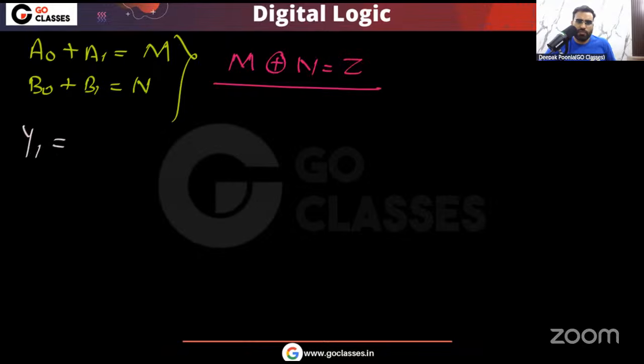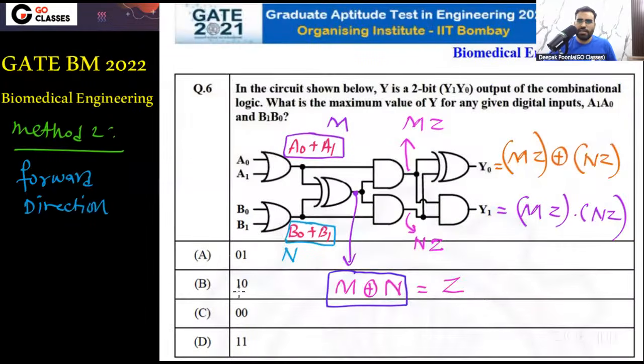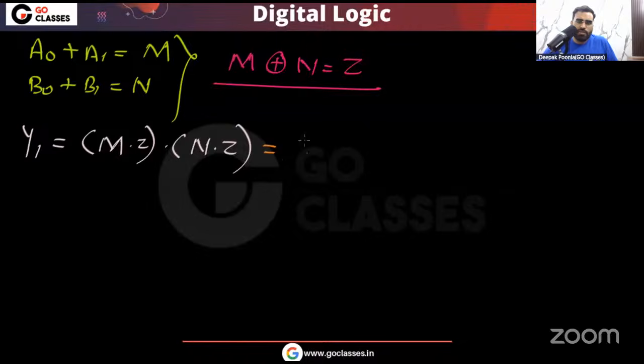Okay. So finally, you can see what is Y0 and what is Y1. First, let me focus on Y1. Y1 is MZ and NZ. Correct? Okay, yes or no? So you already know that AND operation is associative and commutative. So here basically I can say it is M and Z. Yes or no?